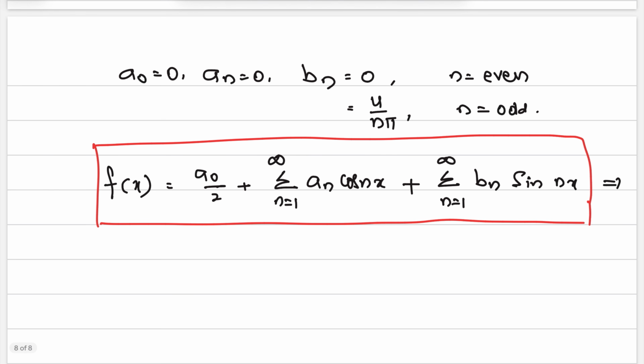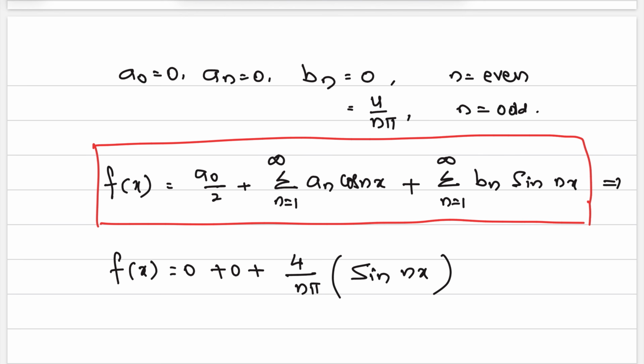From this what we will get, A0 is equal to 0, function x is equal to 0 plus, when n is even it is 0, when n is equal to odd, that means we can say Bn is 4 by n pi into sin nx provided n is equal to odd.